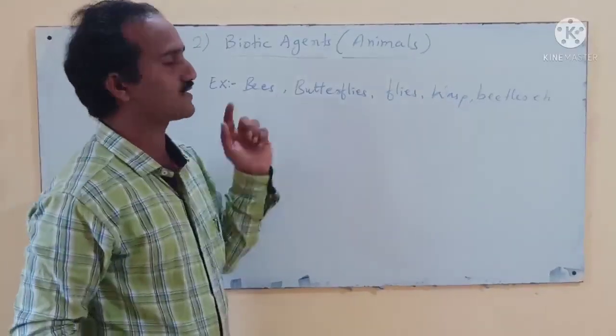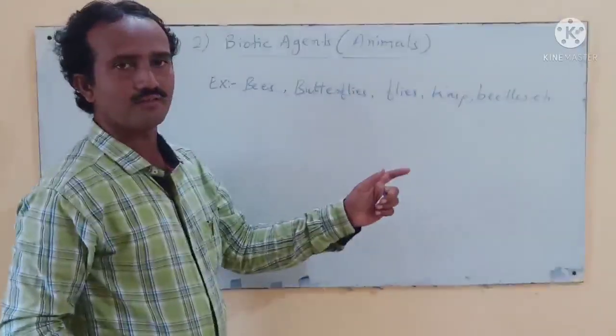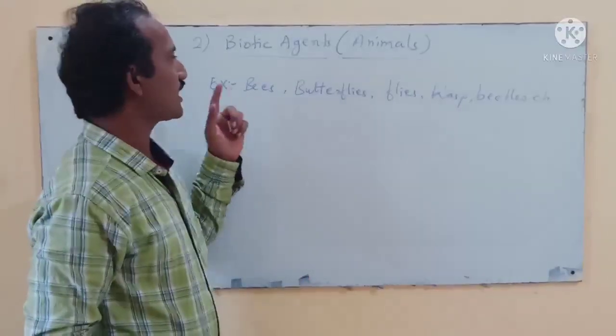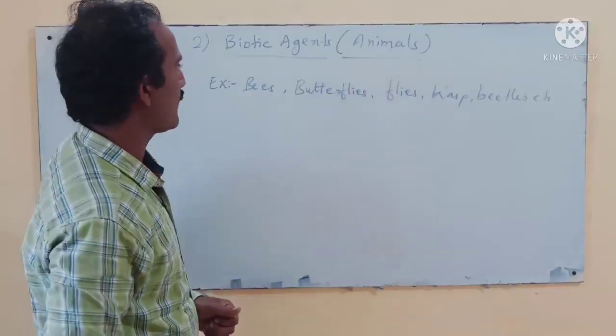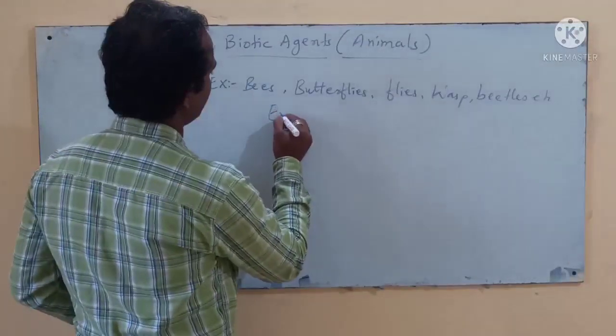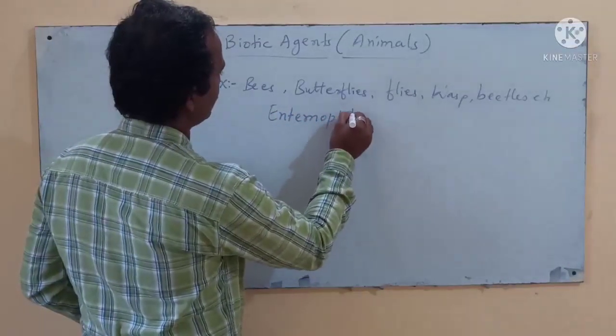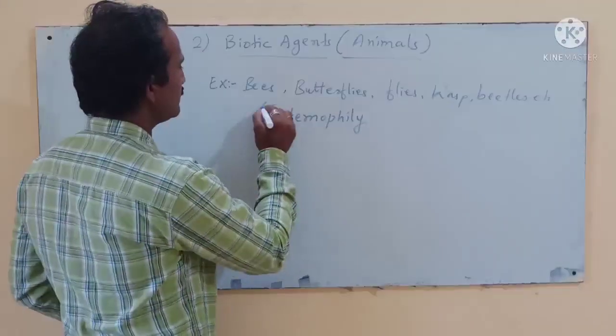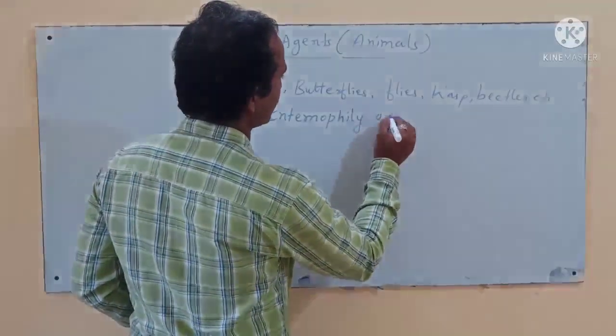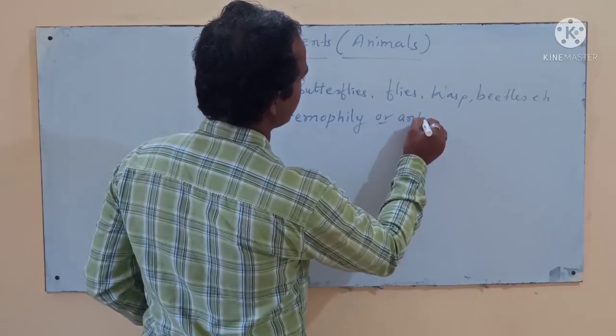So these insects which are involved in the pollination, that type of pollination is called entomophily. It can also be written like this, entomophily.